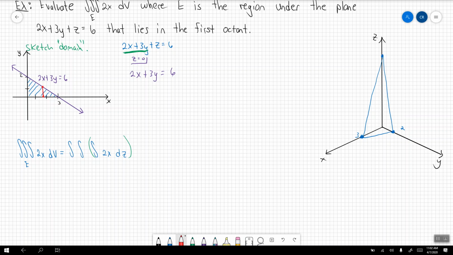The vertical heights here are going to go from 0 over to this line. Those vertical heights will always be changing with respect to y, which means I have to find y in this particular case. So let's solve for y. Y in this particular case is going to be negative 2x plus 6, all divided by 3.